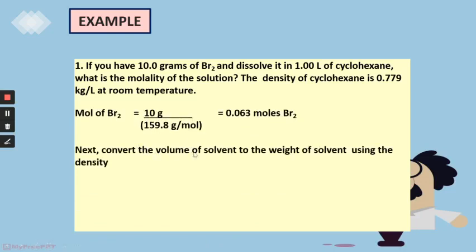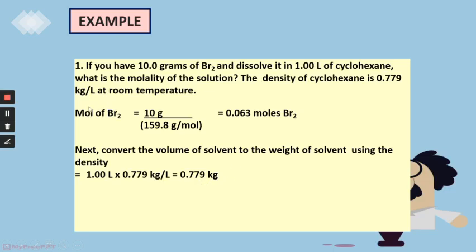Next, convert the volume of solvent to the weight of solvent using density. Density is given in unit kilogram per liter. So convert the 1 liter of the cyclohexane, this is the solvent, into kilogram. Cancel out the liter here, you will get 0.77 kilogram.